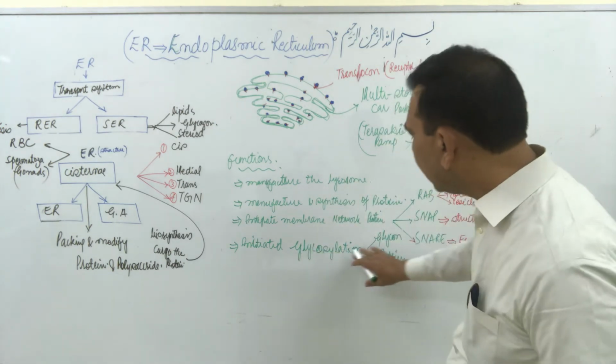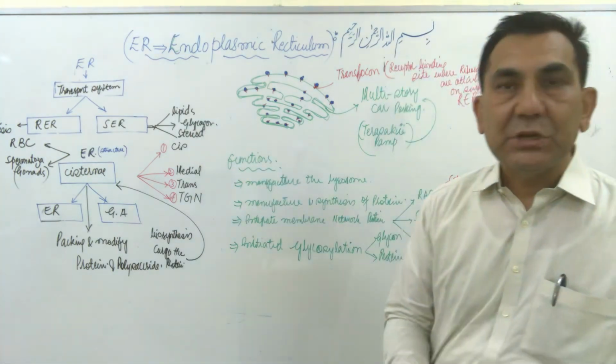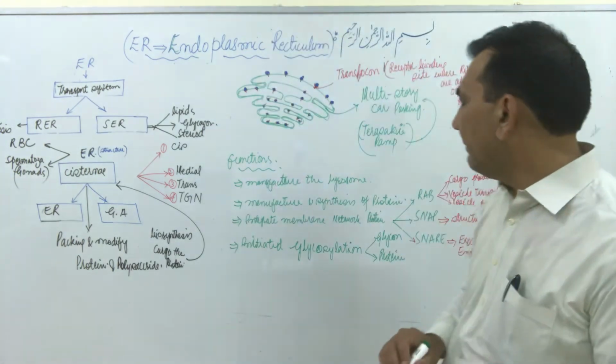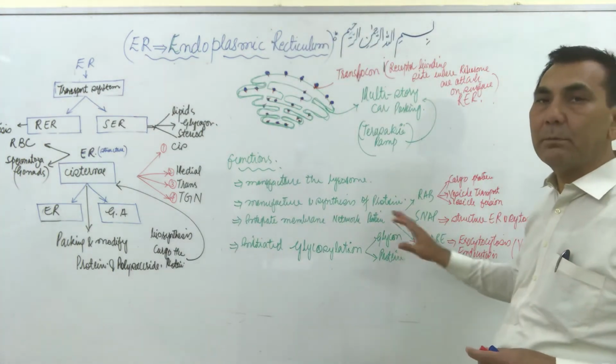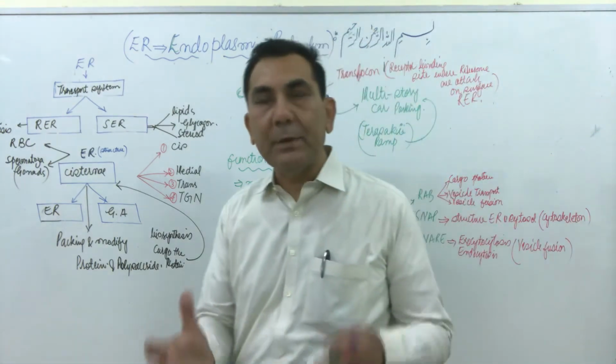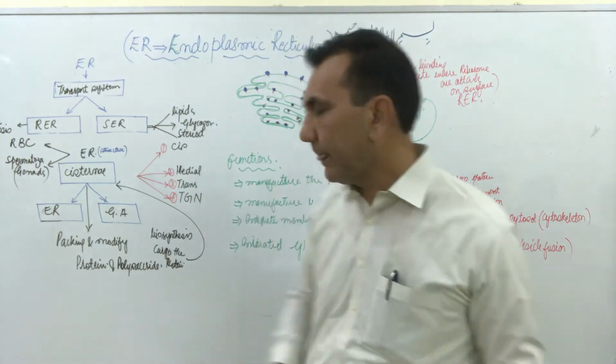This glycan and protein will make the structure of the peripheral protein, which takes the main part in making the peripheral protein, and the glycan also makes the peripheral carbohydrates on the cell membrane.